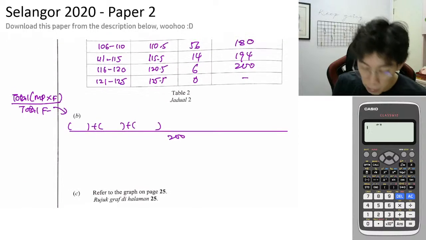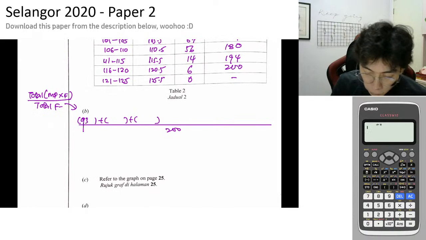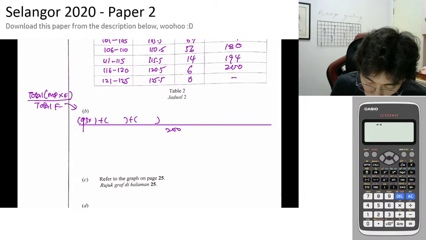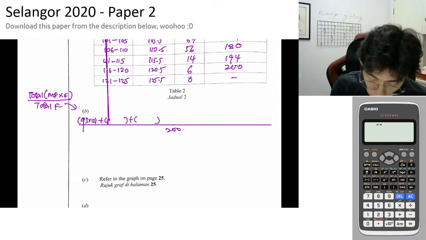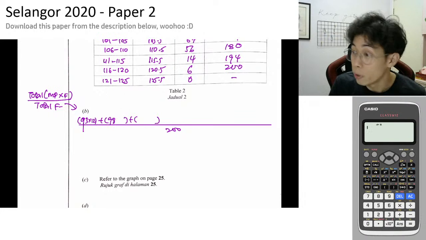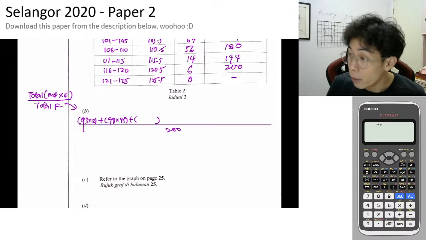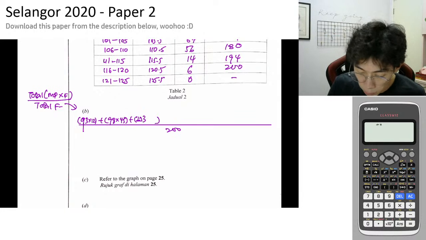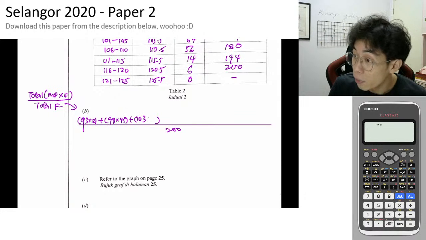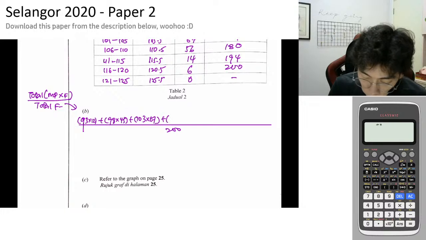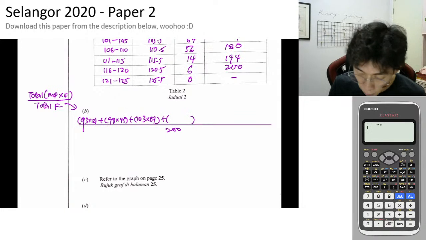So 88 I will skip, 93 times 12, 98 times 45, and the next one 103, the midpoint, times 67, which is from the graph. Midpoint times frequency, you know.